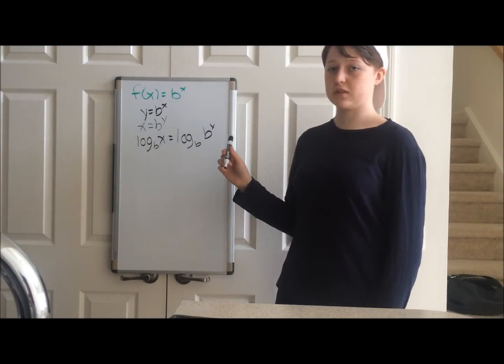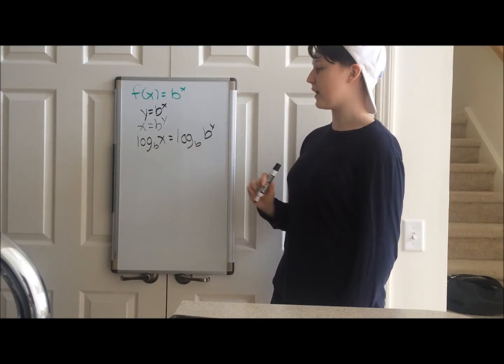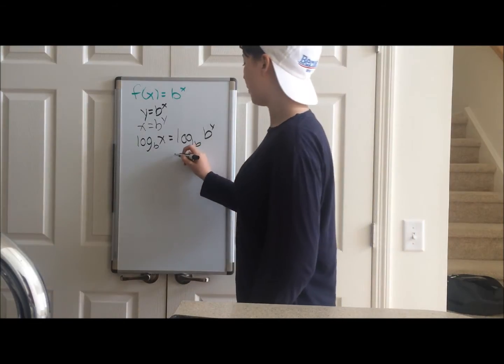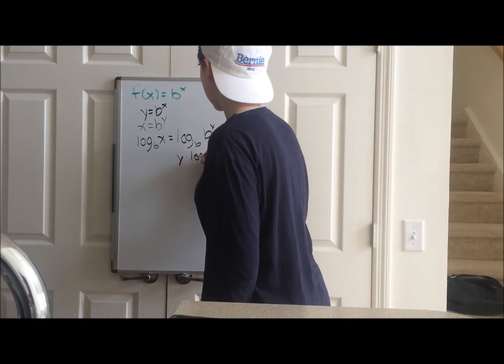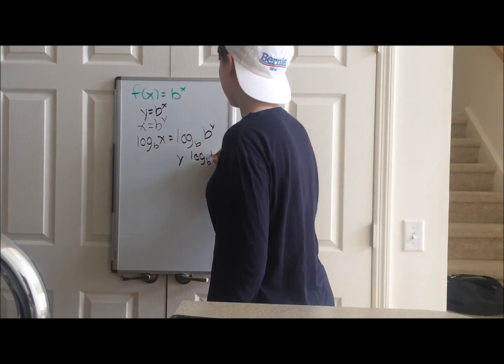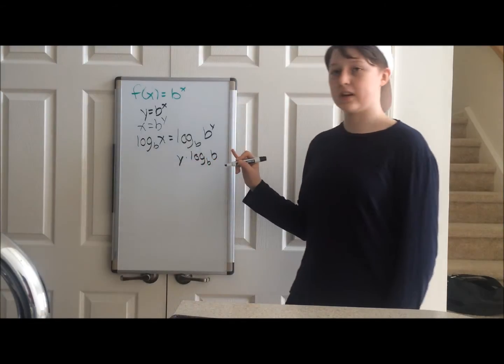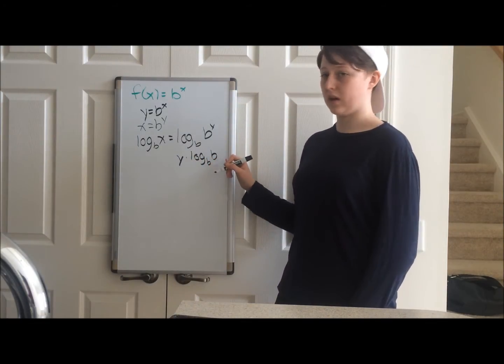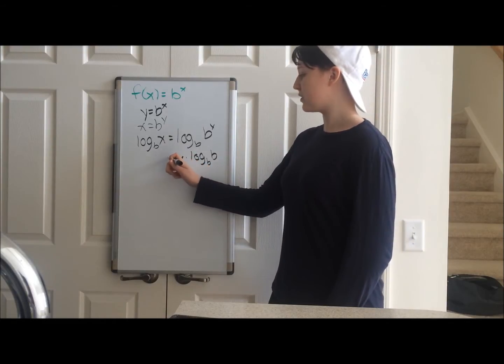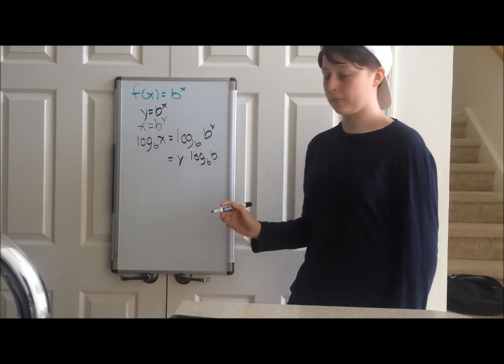Because you understand the properties of logs, you should know that this side can be simplified to y times log base b of b. And you should also know that the exponent required to raise any number to equal itself is 1. So this side essentially means y times 1.